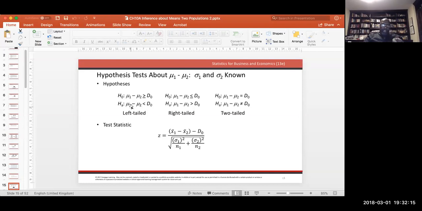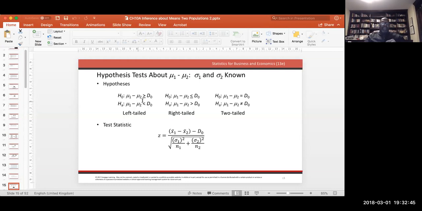Notice that what I'm trying to show, in our alternate hypothesis, is that mu1 minus mu2 is less than a particular value. That value could be 0 or some other value. The null hypothesis is that the difference is greater than or equal to that value. Always remember that the equal sign is in the null hypothesis.